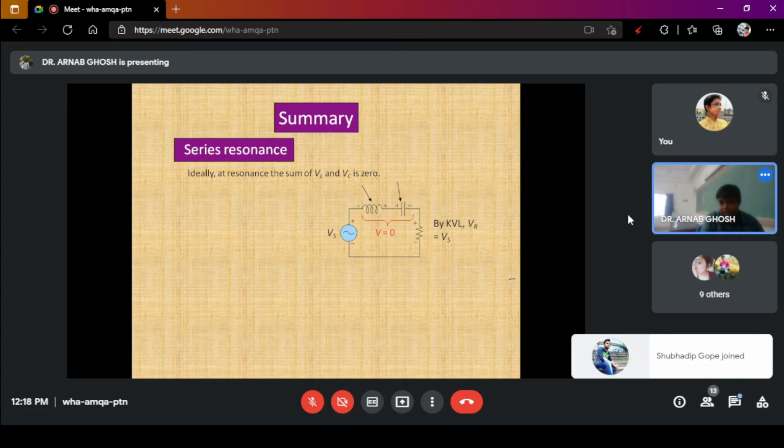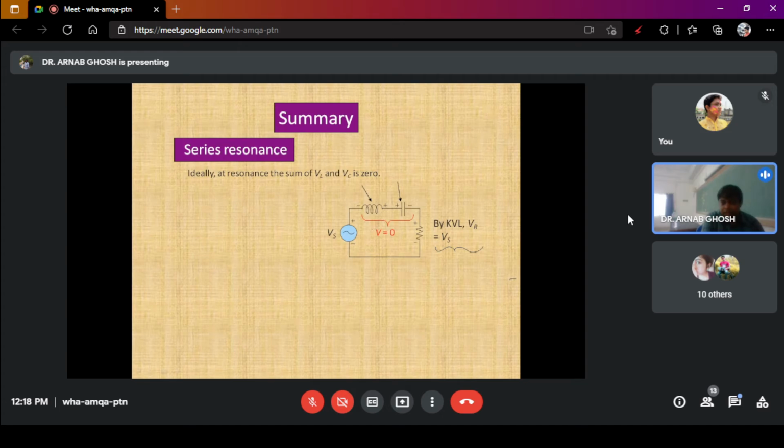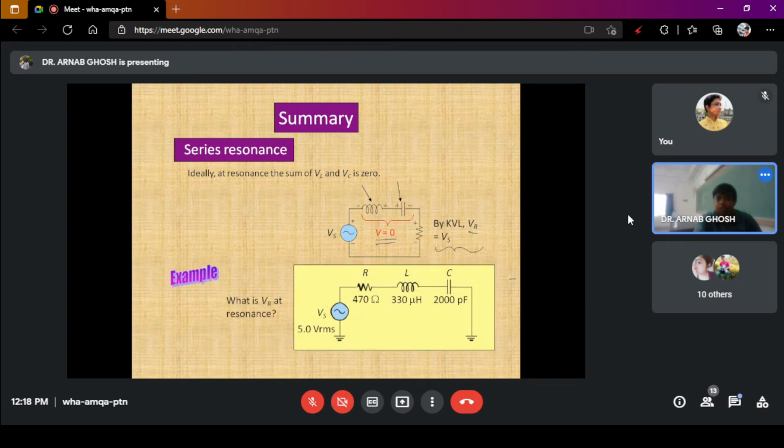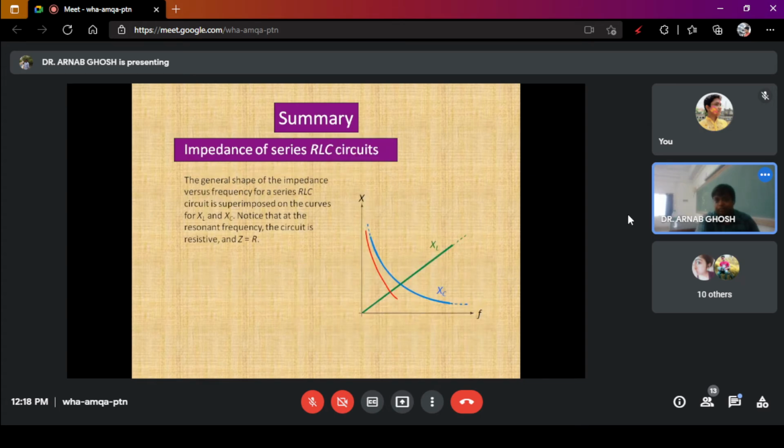Look at this: as VL minus VC is equal to 0, the voltage across the resistance, VR, will be equal to the source voltage Vs. Right? This is by the KVL law. So if you are asked what is the VR at resonance, it will be equal to the source voltage, that is 5 VRMS. Right?